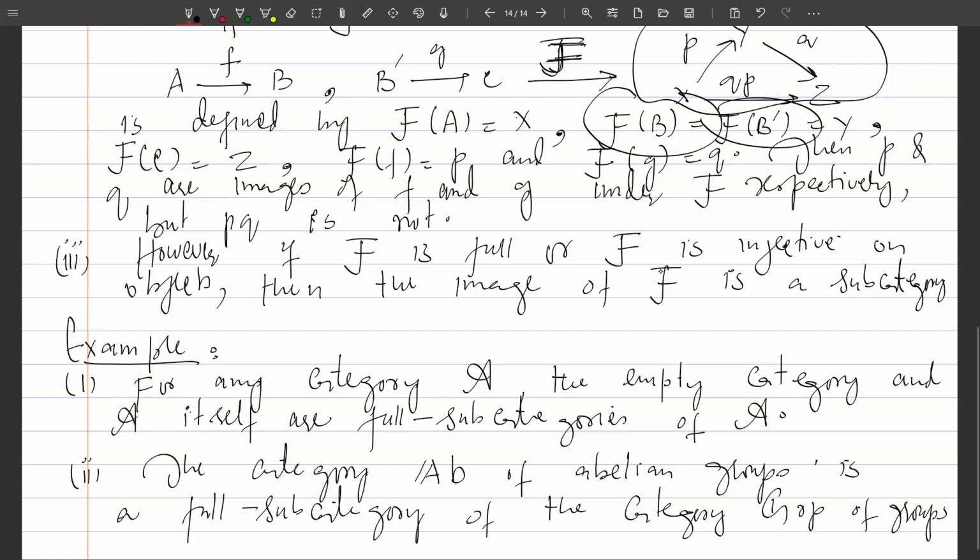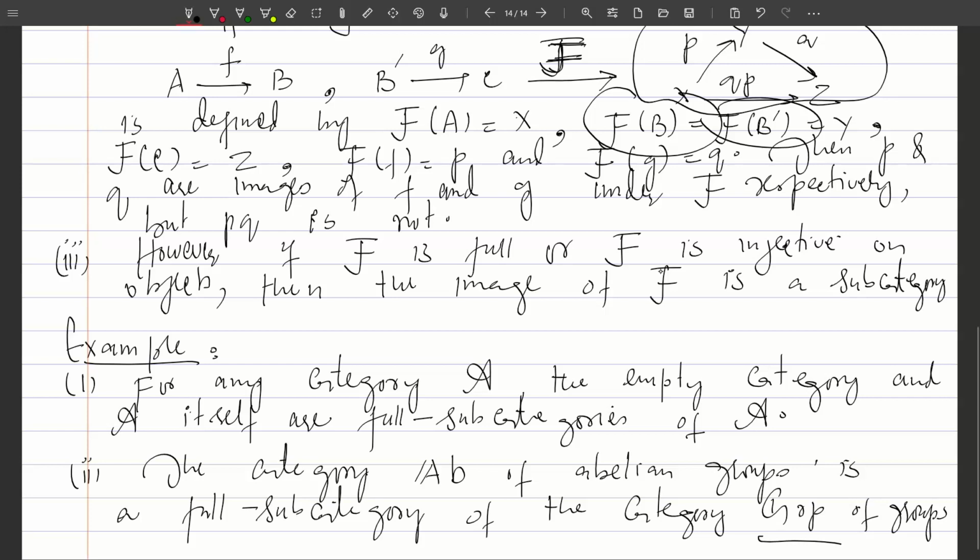This is the category of abelian groups where the morphisms are group homomorphisms, and this is the category of all groups where the morphisms are group homomorphisms. The object class in AB is contained in the object class in GRP.